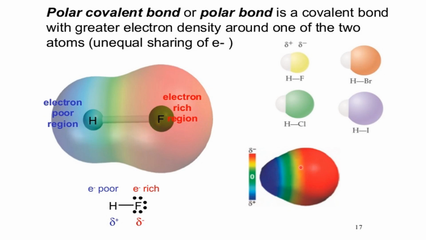In this diagram, they are represented as the electron densities, thus having electron poor and electron rich regions. As seen in this example, there is an unequal sharing of electrons, as you can see here in hydrogen fluoride, hydrogen bromide, hydrogen iodide, and hydrochloric acid.